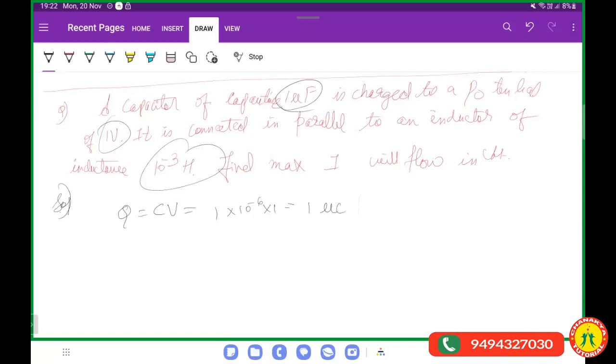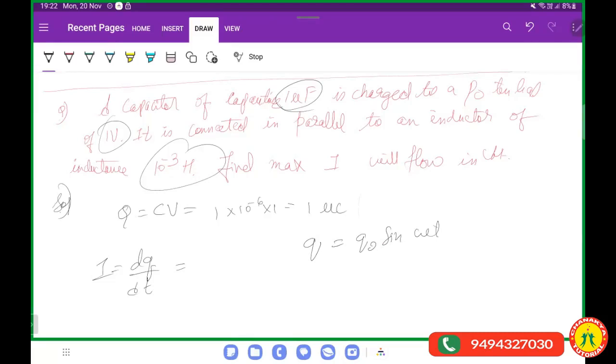Because I need I, I equals dq by dt. And we can write Q equals Q naught sine omega t.